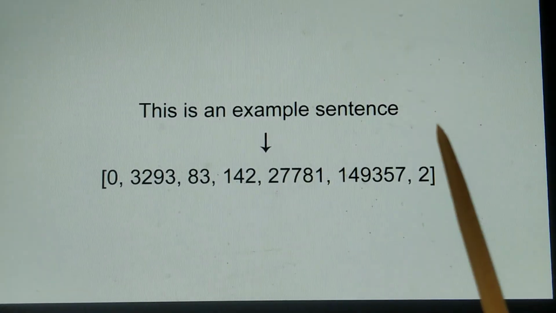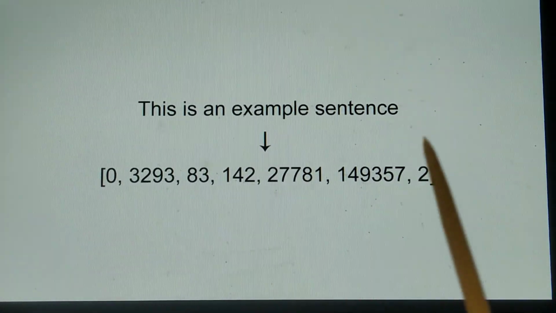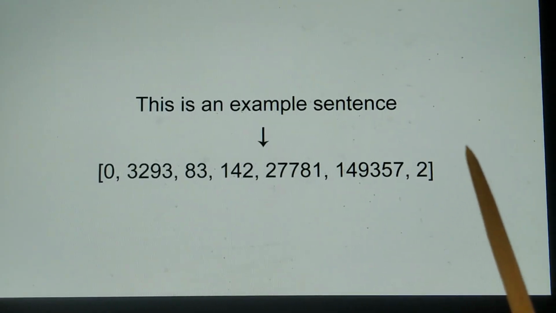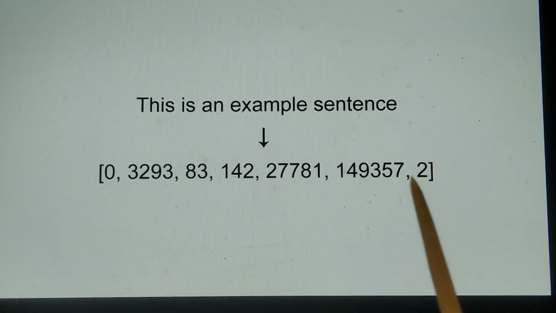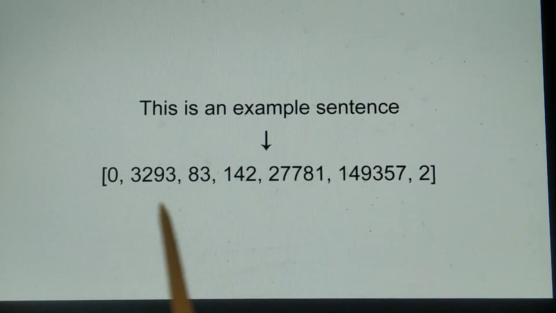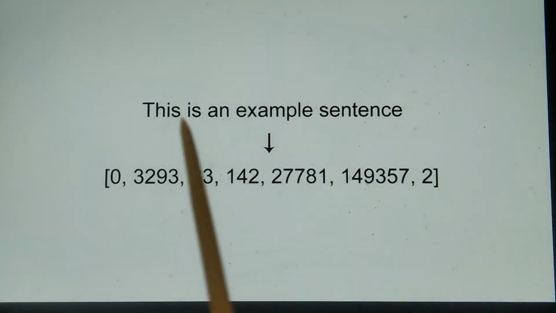Then we take the required text string and tokenize it. This gives us a one-dimensional array of numbers whose length depends on the string length.